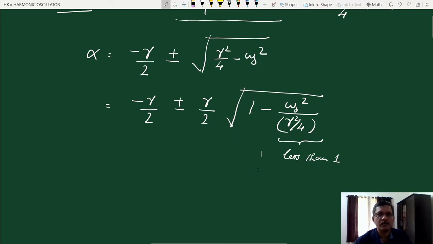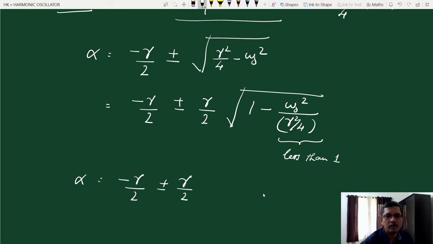So what you have is alpha equal to minus gamma by 2 plus or minus gamma by 2 into a positive quantity less than 1, let us say something like 1 by 2 or 1 by 4.